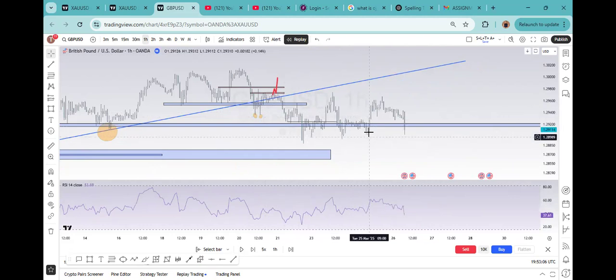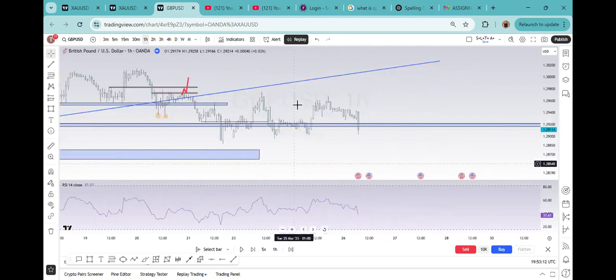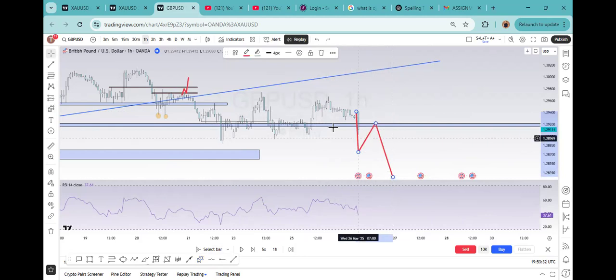So price respected the support zone here, a buy right here up to this level, and then respected supply, created a lower high. And right now you can just either enter a sell or wait again for your confirmation to go away from here and retest that level.